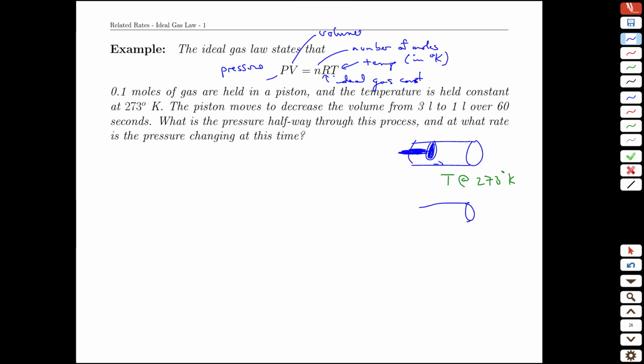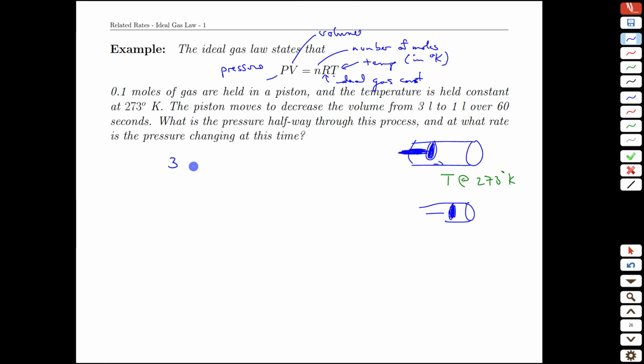So again, if we're trying to draw a few of the scenarios here, we're going to have this piston moving inwards. And they tell us that the initial volume is 3 liters, and it shrinks to 1 liter over 60 seconds. It's not said, but we presume this is at a constant speed.